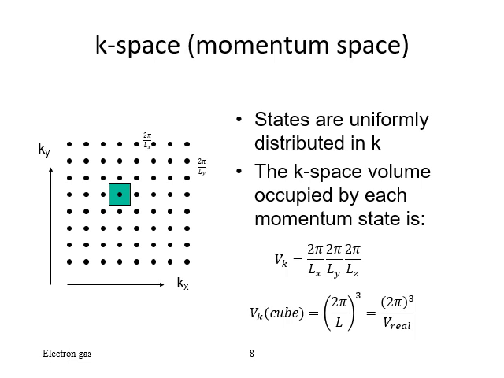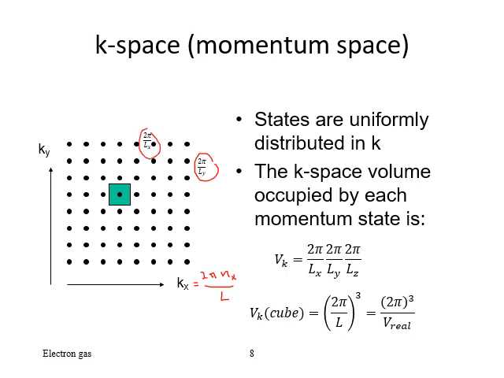So Kx along this axis, Ky along this axis. The allowed Kx's are 2 pi n, an integer, I'll label it x, divided by L. So this is what I've got up here for Kx.